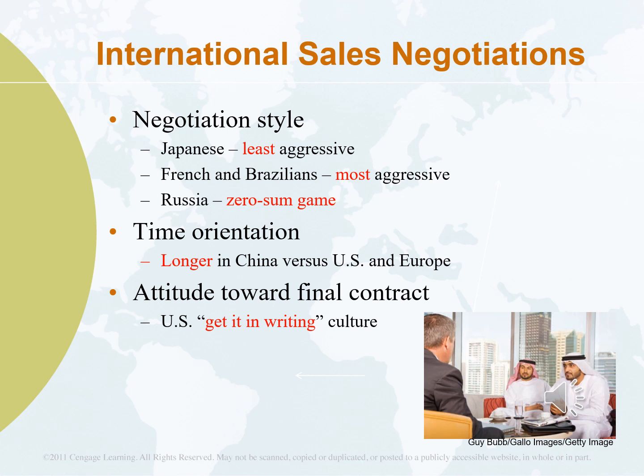Make sure you know what a zero-sum game is. Also, time orientation, which is longer in Asian countries, shorter in the US and Europe, and attitude toward the final contract, in writing or not, or just by a handshake.